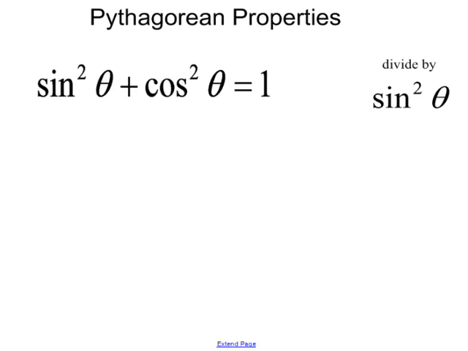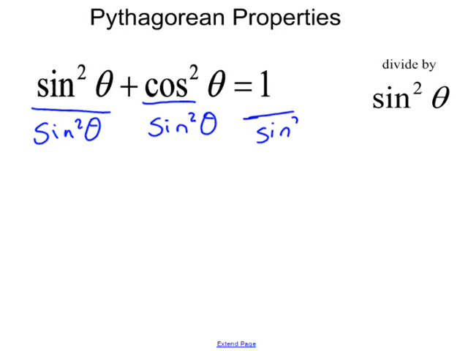Now, from there, we are going to get our other Pythagorean identities. So the first thing we do is we take this wonderful Pythagorean identity and I divide everything by sine squared. Of course, if you do it to one thing, you have to do it to all. So not just both sides, but everything. Well, sine squared divided by sine squared is 1.